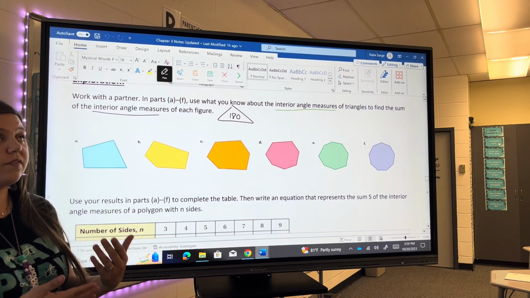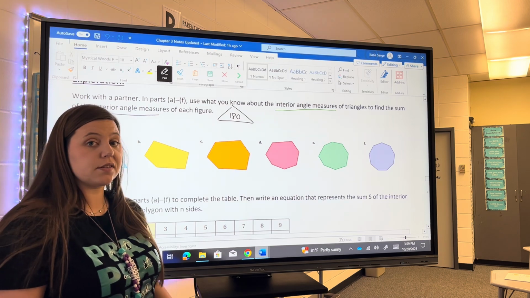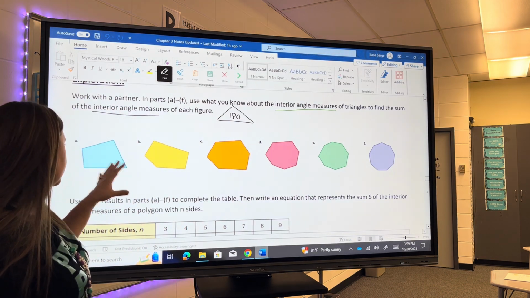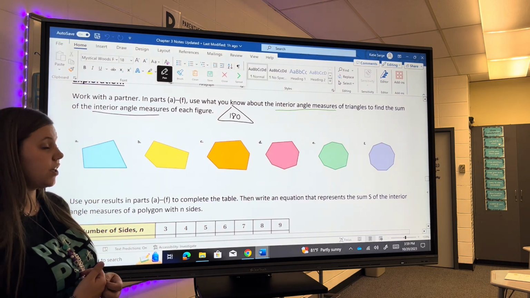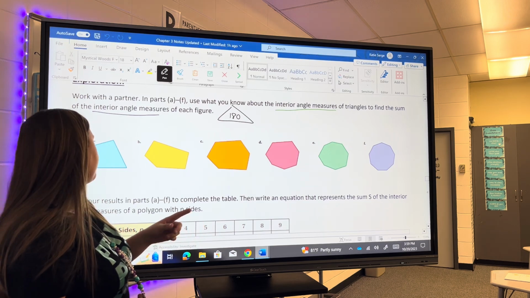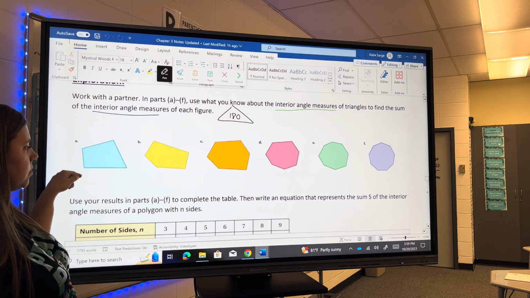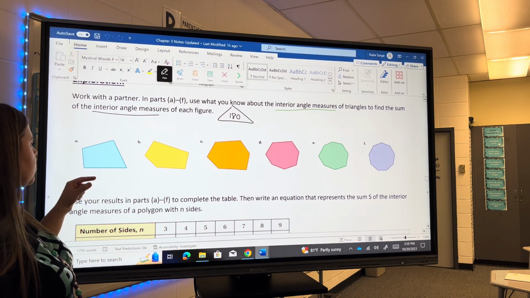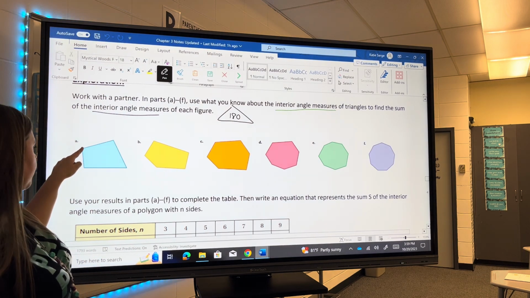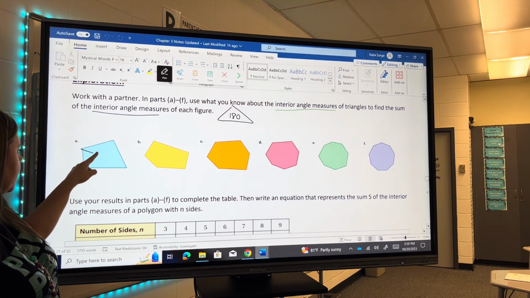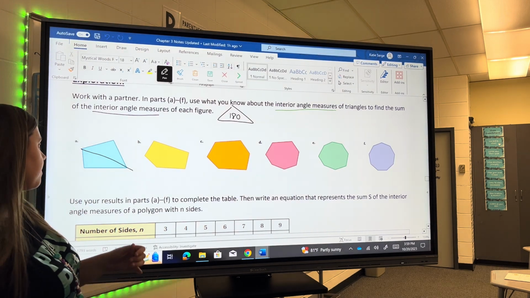Well, all of these shapes can be created using multiple triangles, okay? And what I mean by that is I can take this shape right here and create a couple triangles from it. So I want you to watch carefully here so that you can see what's going on, okay? This is a 4-sided shape, and if I pick any end point here and draw a line diagonally across, it's going to create a triangle. So if I start here at this endpoint and I go diagonally across, I just created two triangles, right?